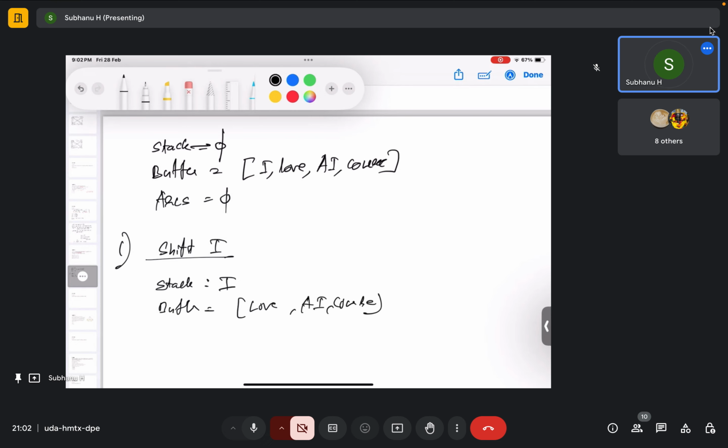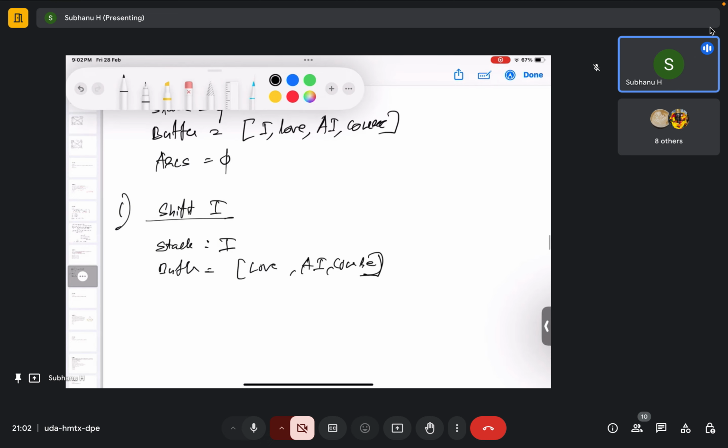Fine. So what have I done now? I did shift, left arc, right arc, reduce. Okay. So I have shifted I into the stack, and that's why I have counted here the count so far: shift is 1.